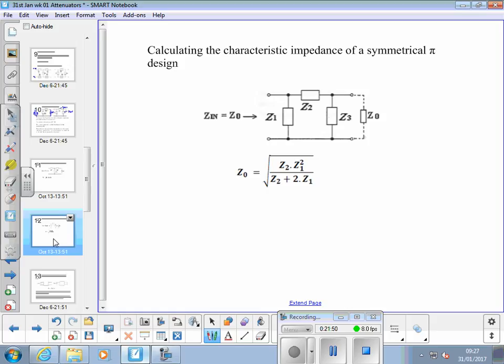So there is how you would calculate ZO for a particular pi-type design. You don't want to calculate ZO for your designs. Design to a particular input-output impedance. So what you want to find when you're designing is the values of Z1, Z2, and Z3.